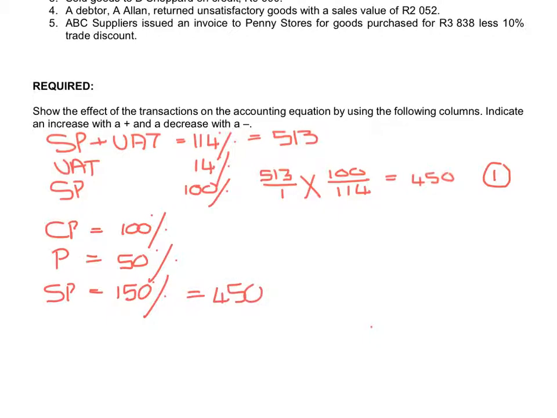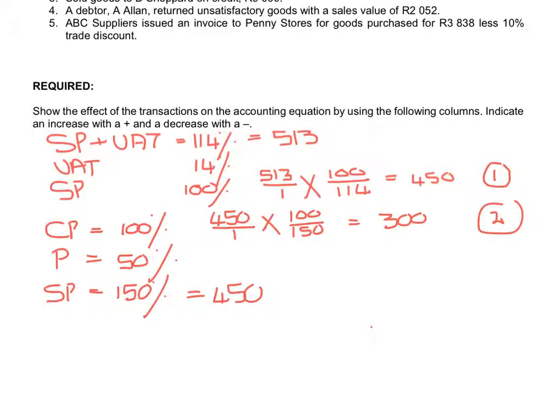So if we want to know the cost price, it is 450 times the one that we want, 100, divided by the one that we know, 150, and that will give us 300 Rand. So for the second step, we calculate the cost price excluding VAT.